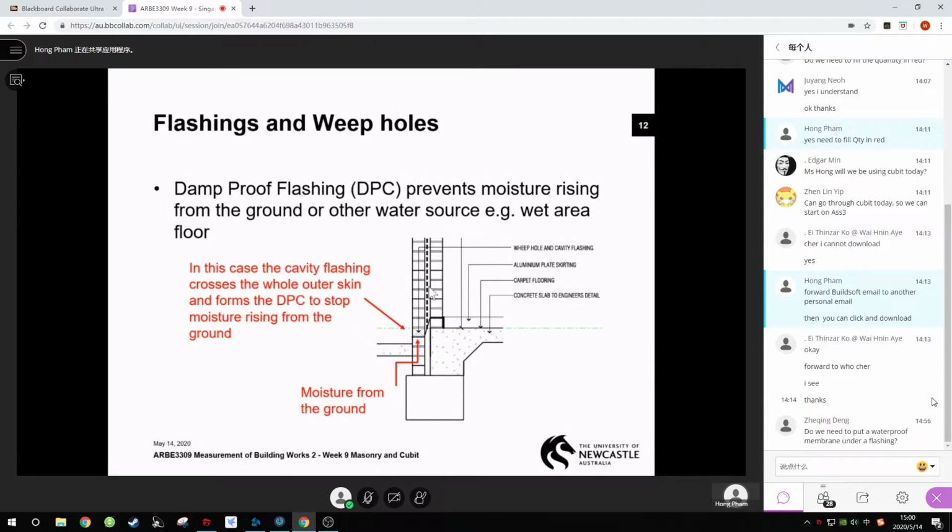If it's just a solid wall, then you only have one piece like this, the damp proof course. But if it's a hollow wall, we will have damp proof flashings to prevent the moisture from going from the ground into the house. Usually it is one course down. In this case, the cavity flashing crosses the whole outer skin and forms the DPC to stop moisture rising from the ground.